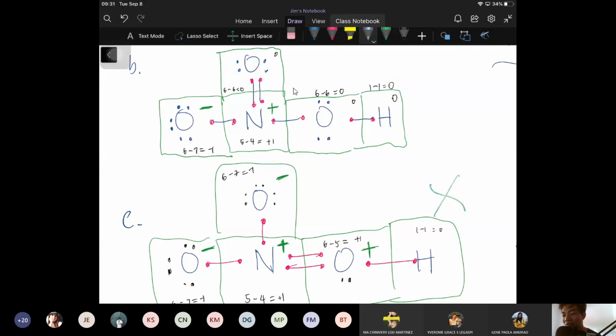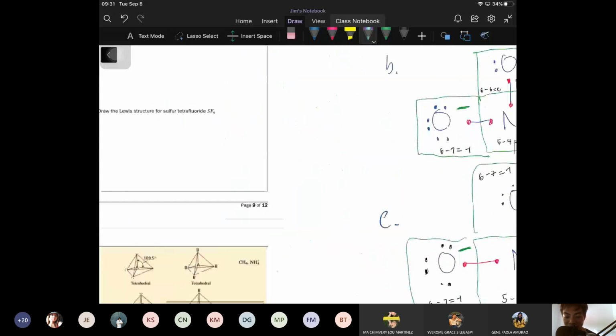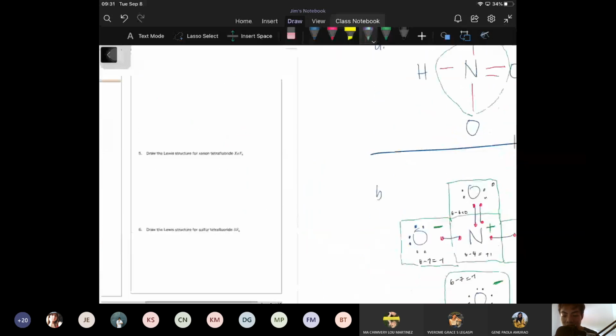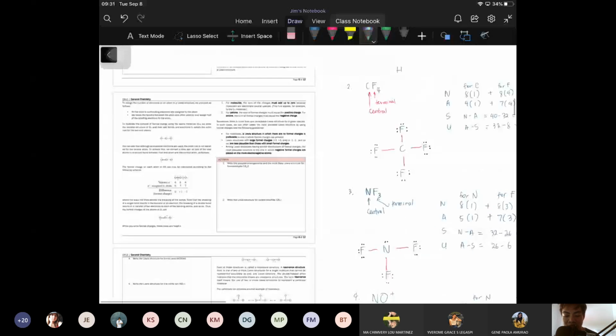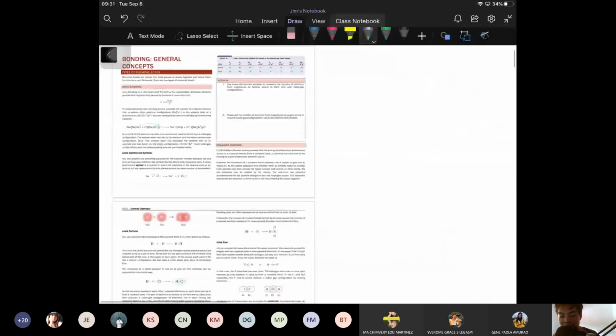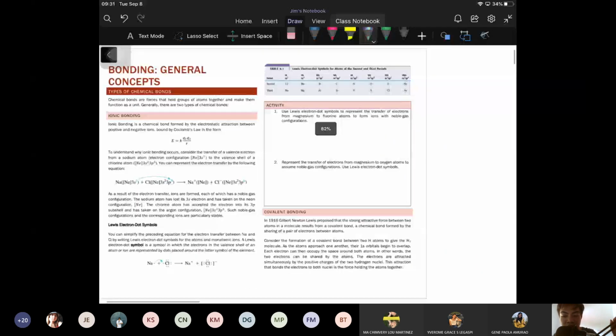Because after solving for the formal charges, once you have taken the formal charge, we have guidelines on which is the best structure. You can use this PDF file that I uploaded on the discussions page.